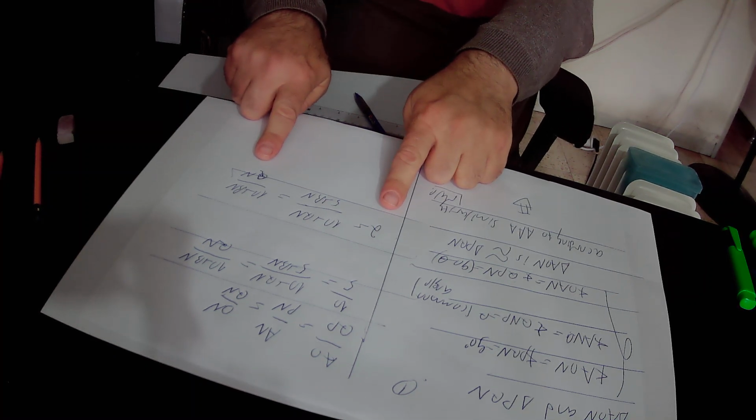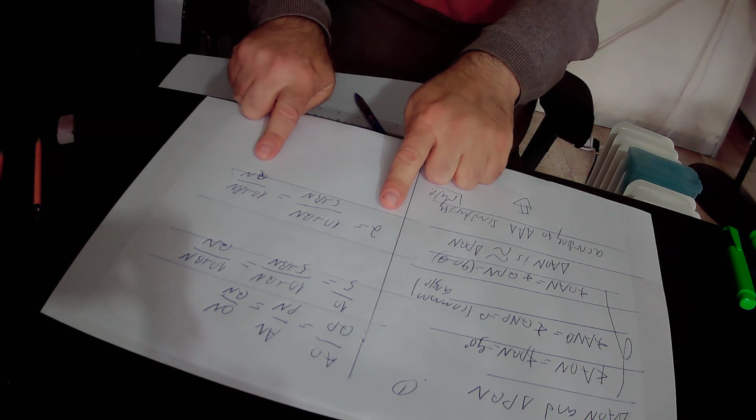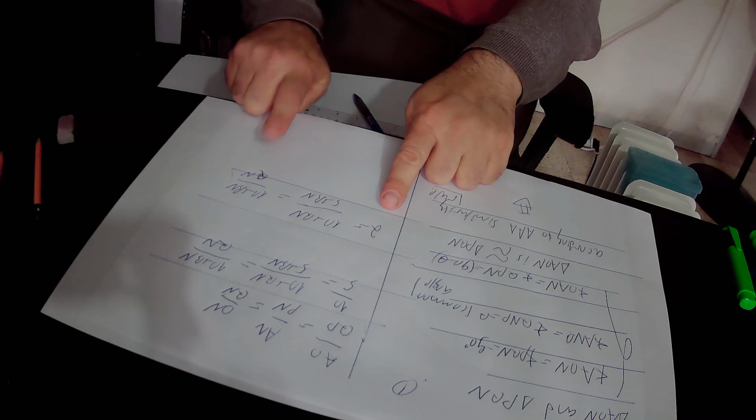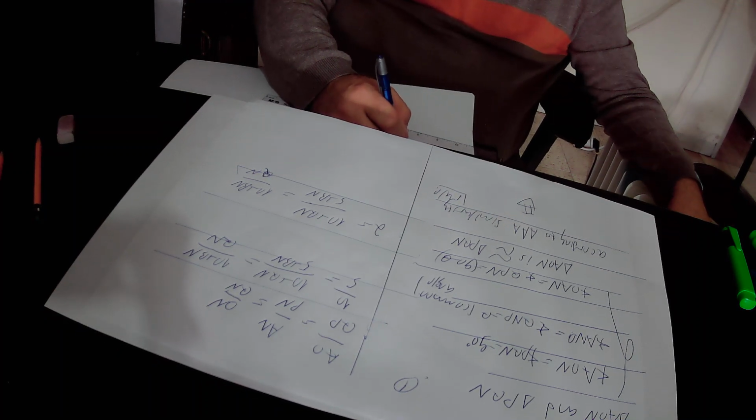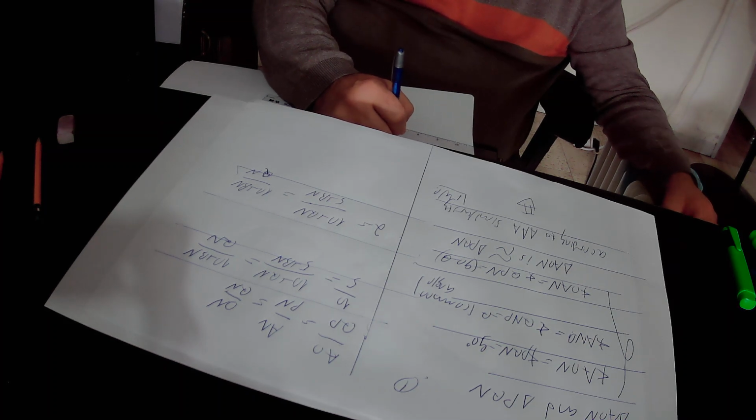Those two expressions are also equal to each other, so we create equation number 2. According to equation number 2, 2 equals 10 plus BN over QN.